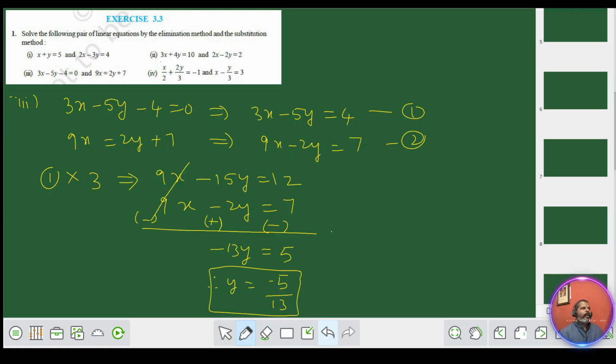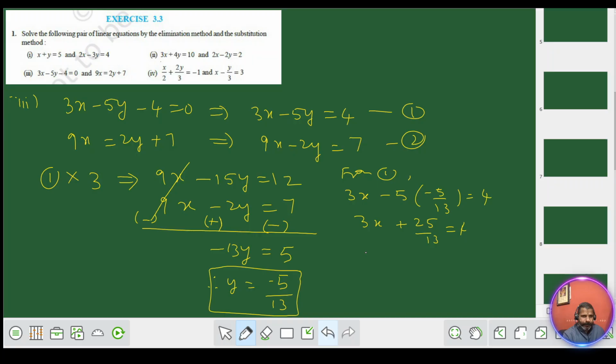Now you substitute this in either 1 or 2 to get the x value. Let's see. From 1, I'll substitute the y value here: 3x minus 5 of minus 5 by 13 equals 4. 3x plus 25 by 13 equals 4.